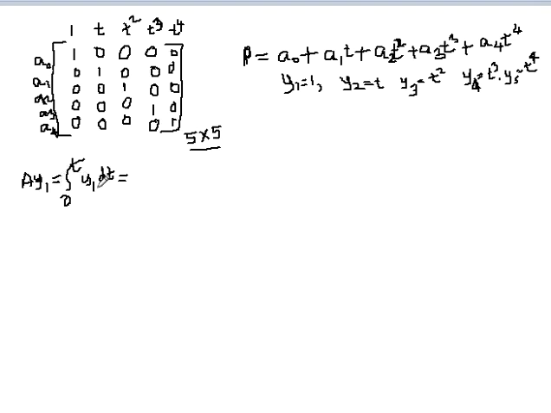A y1 is equal to t, since y1 is 1. So integration from 0 to t of 1 with respect to d tau, we can write d tau also, because the limit is t, its value is t.